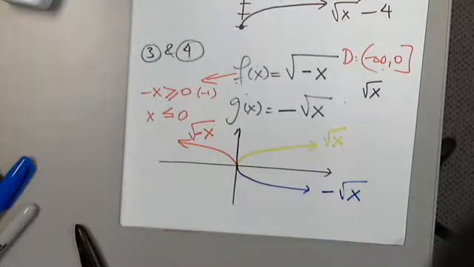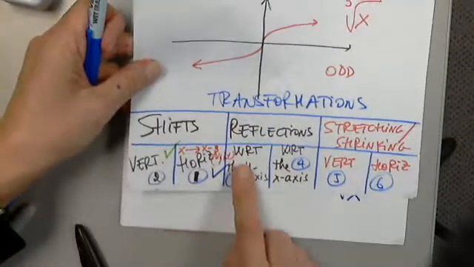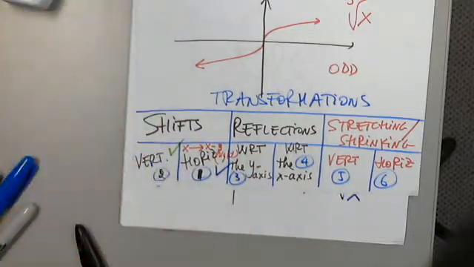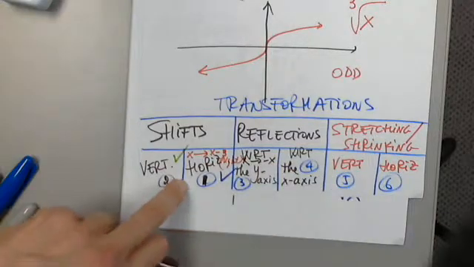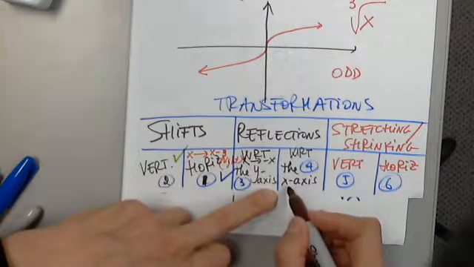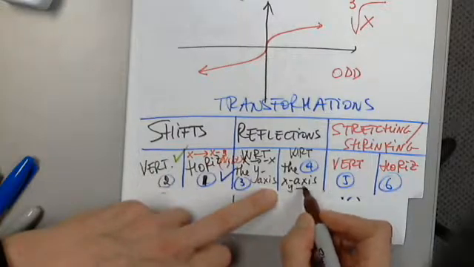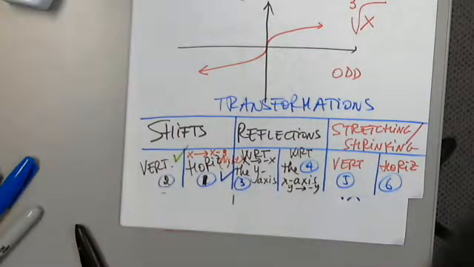So what do I write in my chart? I just don't have enough room in here. So with respect to the y-axis, when I change x into negative x, x goes into negative x. With respect to the x-axis, y is changed into negative y.